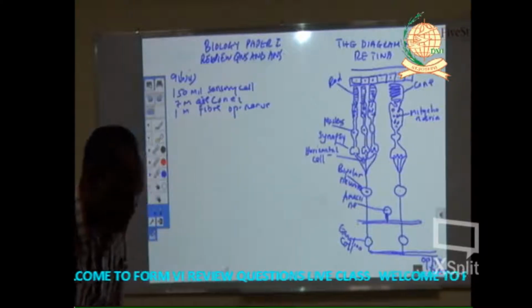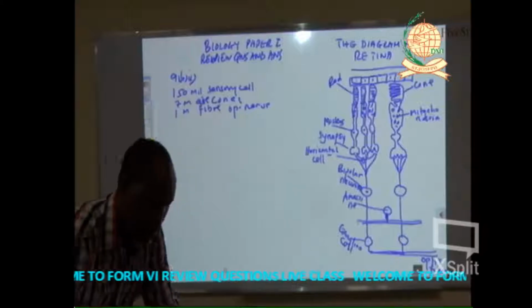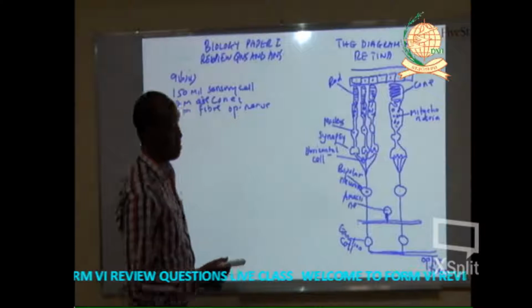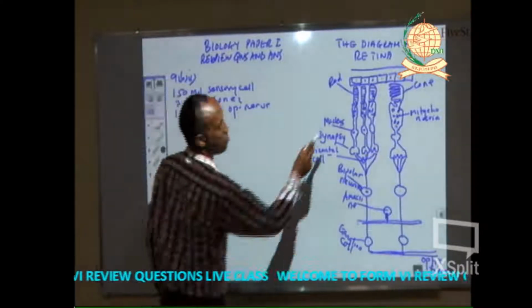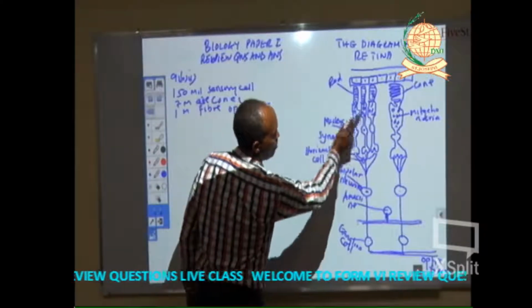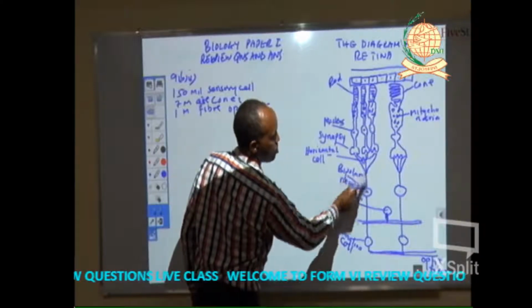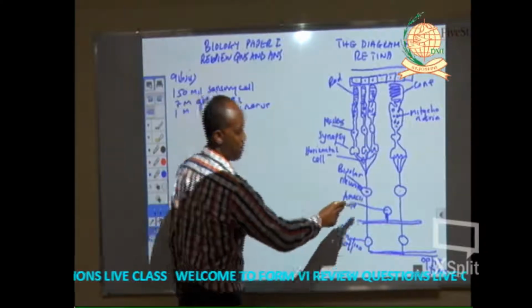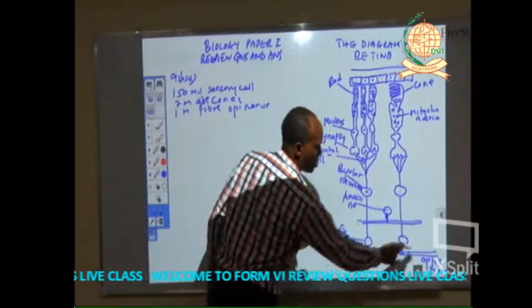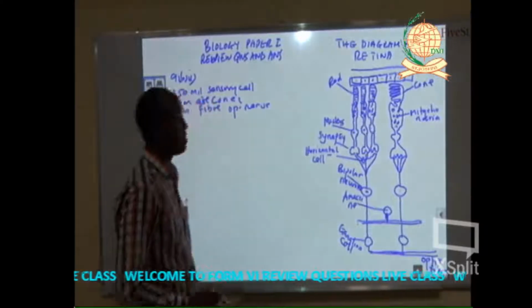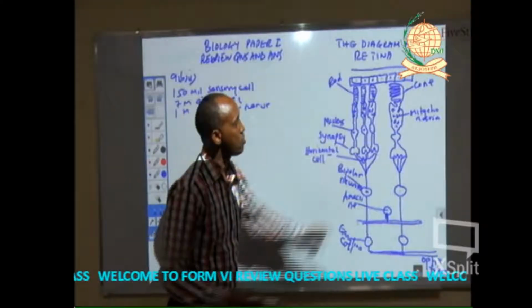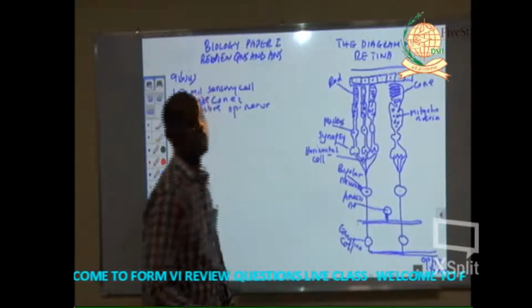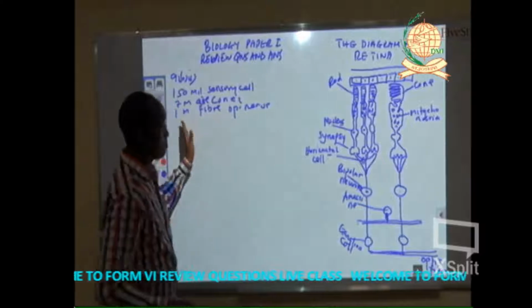This means that several sensory cells, like these rods, as you can see, 1, 2, 3, are connected to a single sensory neuron, which is transported to the optic nerve. That is why there are so many sensory cells, while the neurons going to the optic nerve are just few. So by the diagram, you can explain here.